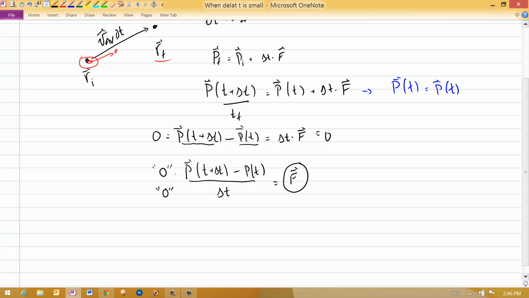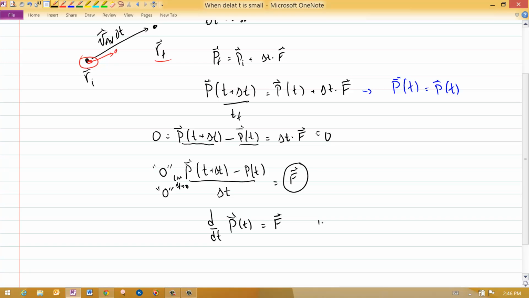And you might recognize this as the definition. If I put the limit as delta t goes to 0 outside here, that is a finite difference formula. As delta t goes to 0, I'm looking at just the time derivative, d by dt, of the momentum as a function of time, which is equal to the force.